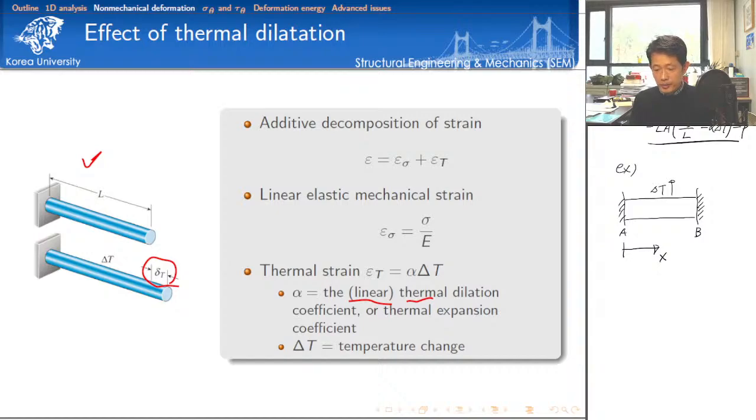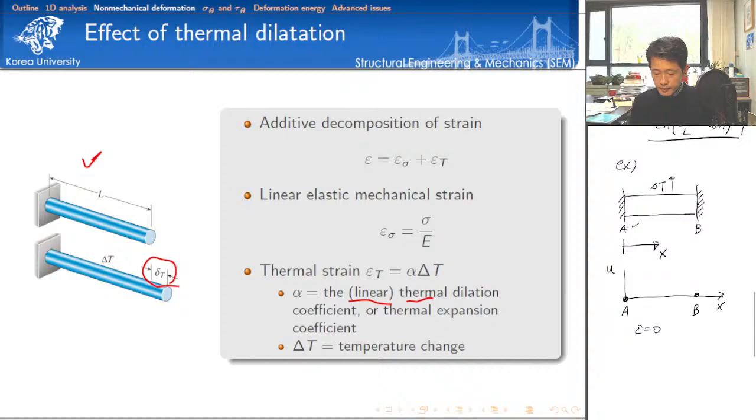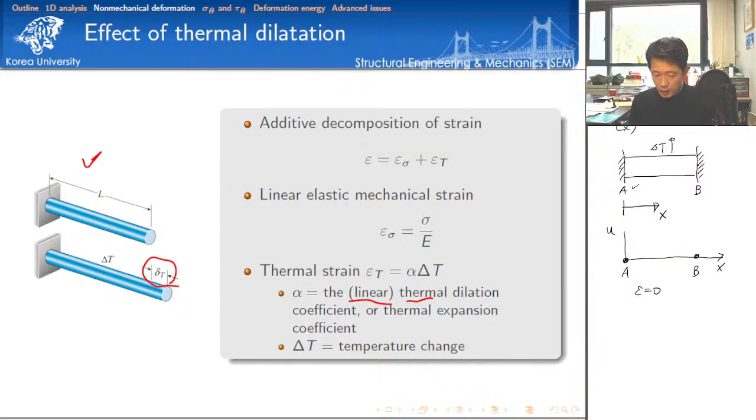So let's check what happened here. Again, the procedure is still the same, okay? Here we have to consider the displacement field, the X and U. But here at point A, the displacement is equal to 0. Point B, the displacement is equal to 0. Which means strain is equal to 0. How about the Hooke's law?